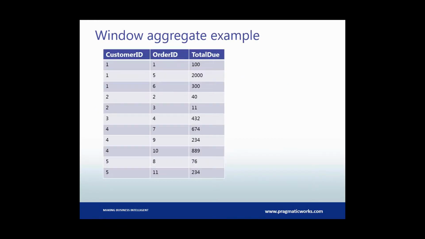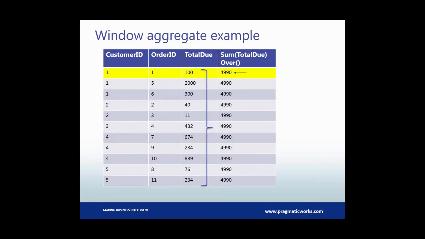So let's walk through an example. I've got my data. I am going to calculate a sum of my total due. Now, if I normally just had sum total due, I'd have to add a group by on my other columns that were in the query. In this case, I don't.